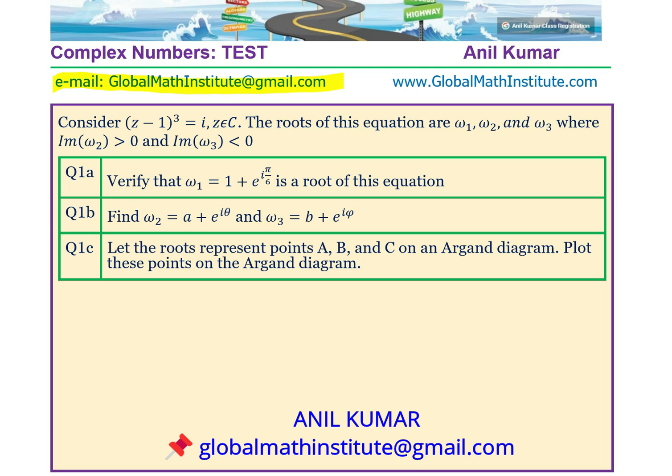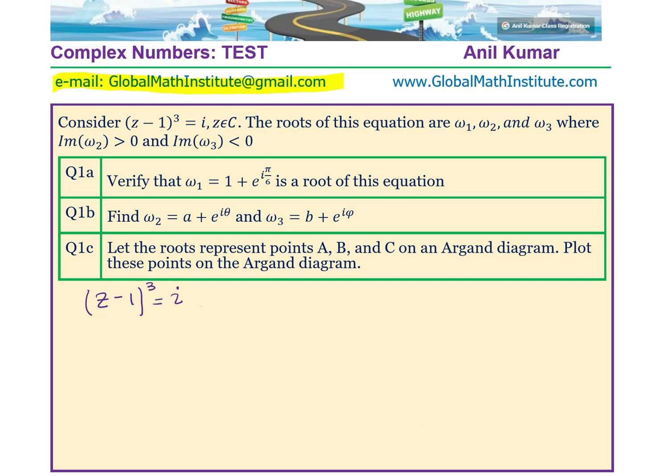So let's begin with part A, where we need to verify that omega 1, 1 + e^(iπ/6), is a root of this equation, right? The equation given to us is (z - 1)^3 = i. Now, solution means what?